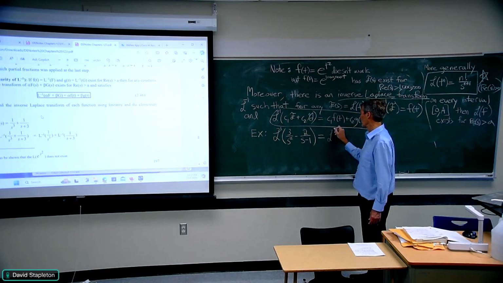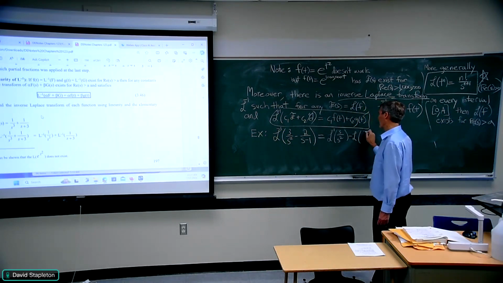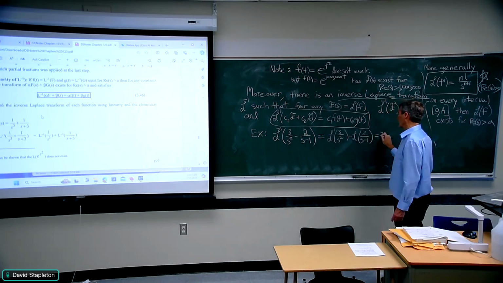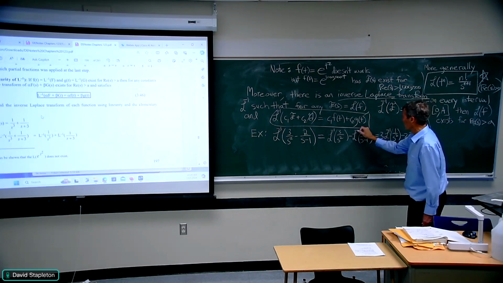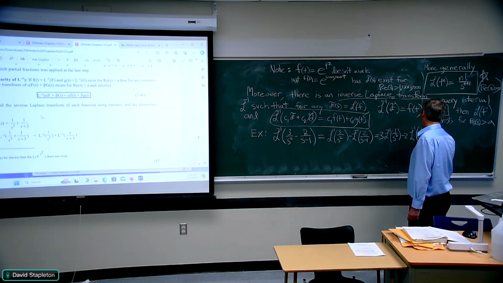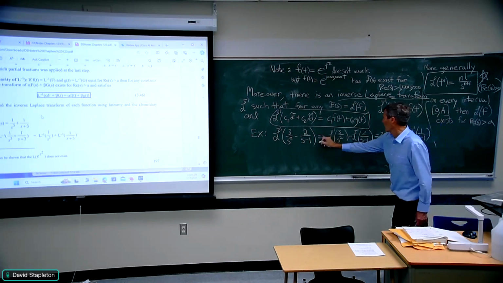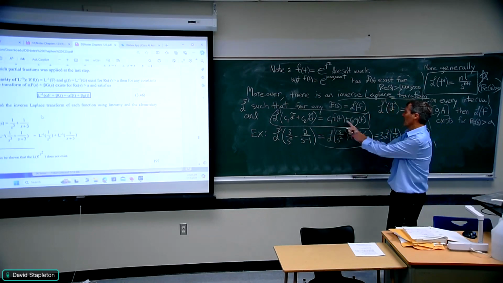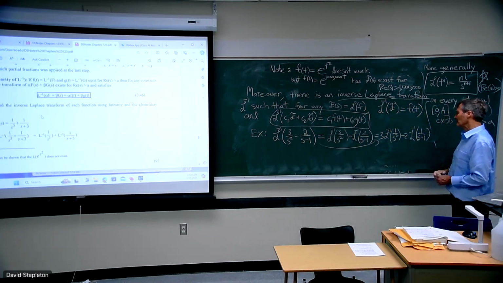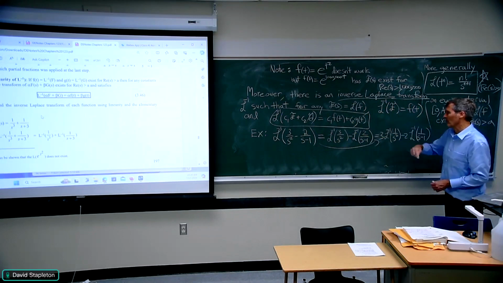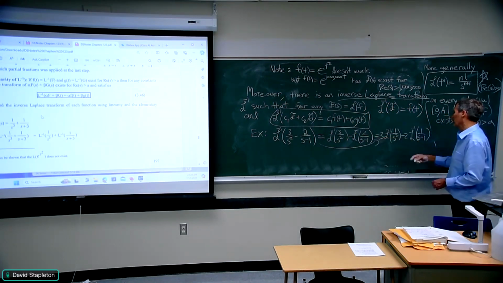So it's L inverse of 3 over s squared minus, and you don't have to write out this step. Moreover, you can pull the 3 and the 2 out. This is actually 3 times the inverse transform of 1 over s squared minus 2 times the inverse transform of 1 over s minus 1. I could have done this all in one fell swoop, pulling the constants out. That's just this property applied.